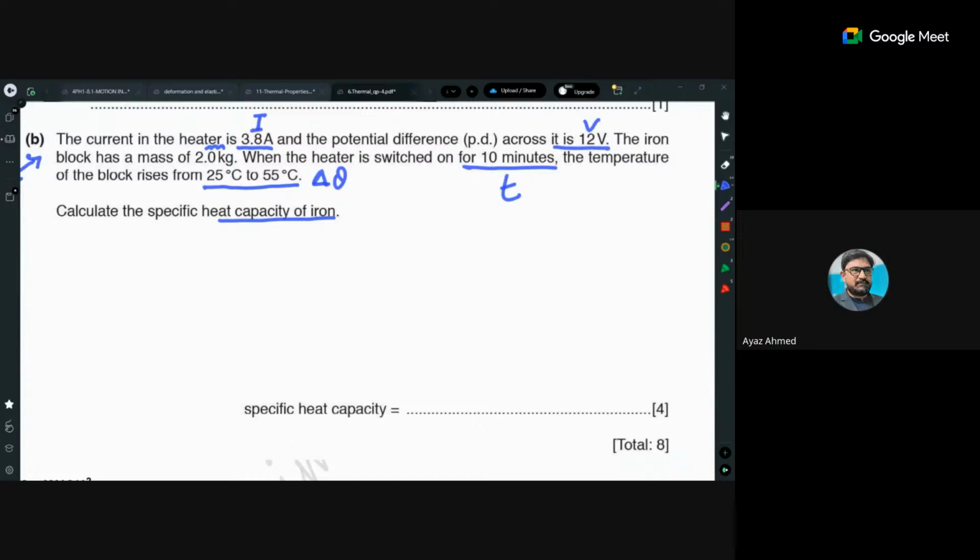That's it. Okay. You know that Q is equal to mc delta theta is the formula. Q is basically energy, so energy is power into time.